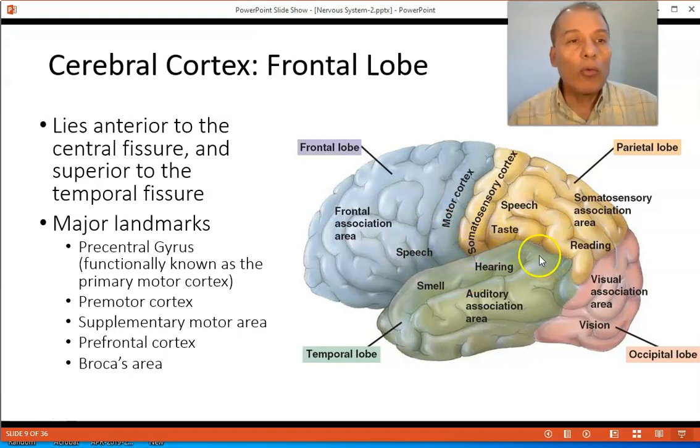But before I move on to explain the frontal lobe, the lateral fissure, especially in the left hemisphere, this is the left hemisphere, is the area around which are language production and language processing, like comprehension and production.